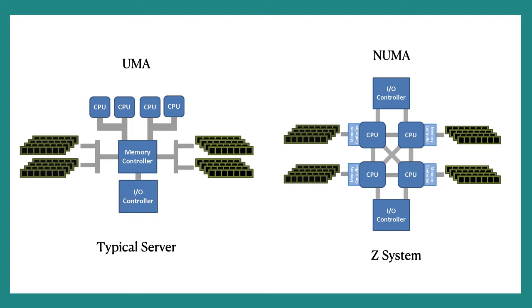As you can see here, we have a processor, and the processor is going to communicate to the memory controller before it accesses the memory. Because of that, there is some delay in processing the data.